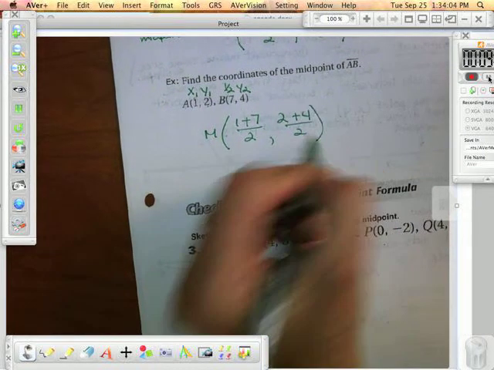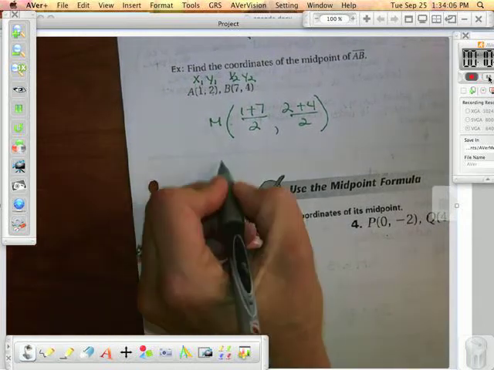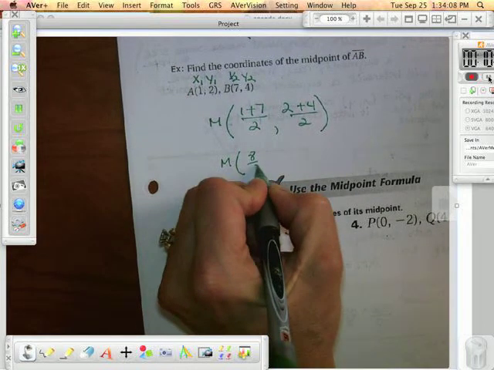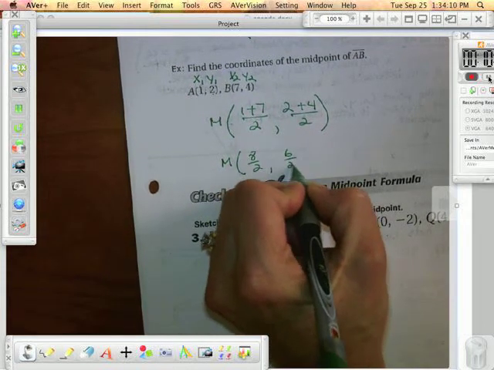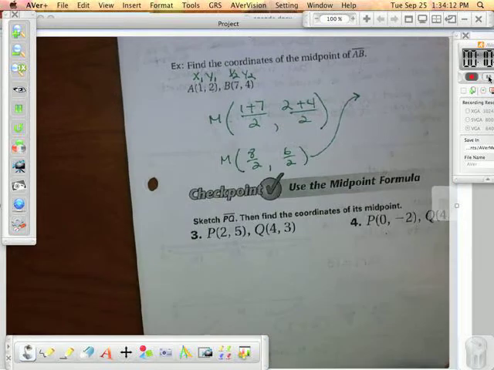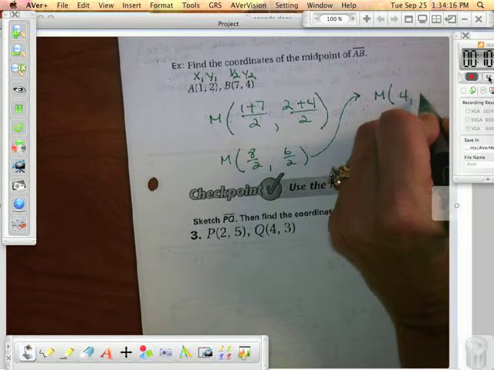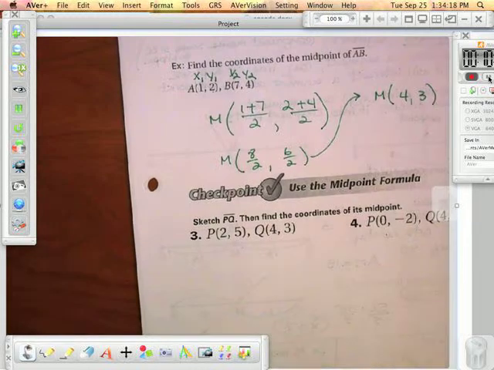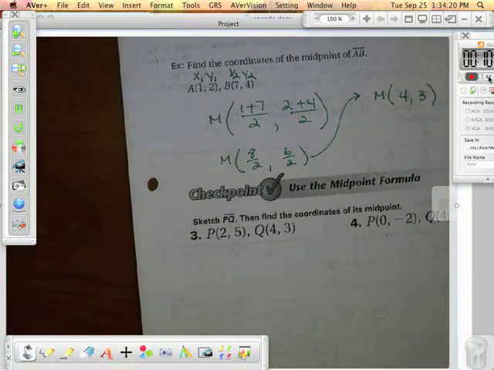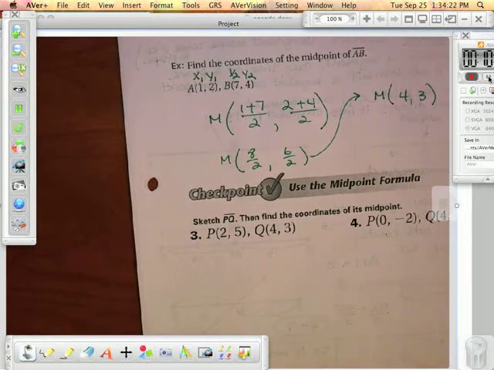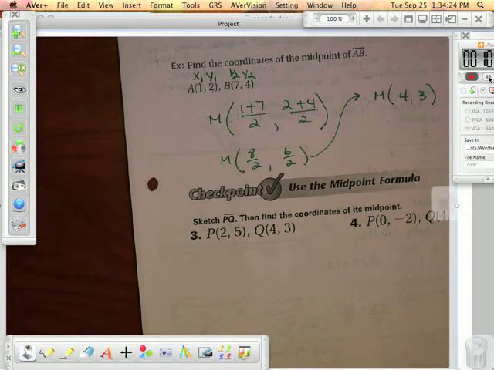Then 8 over 2 and 6 over 2. And the midpoint is 4, 3. Okay? It's written as a what? What is this called? An ordered pair, because it's a point on the graph, right?